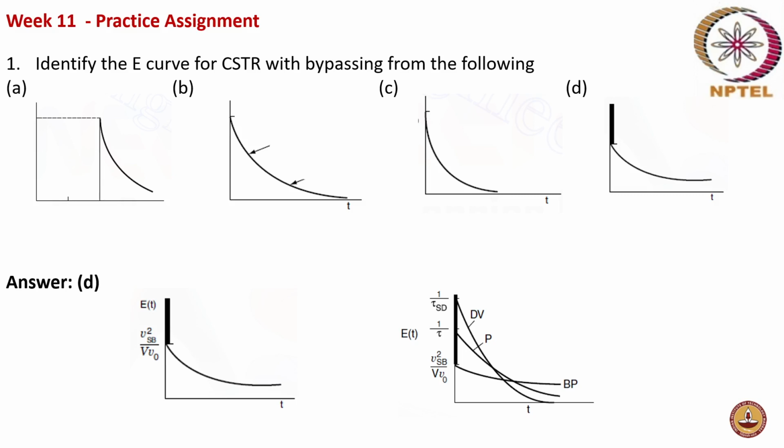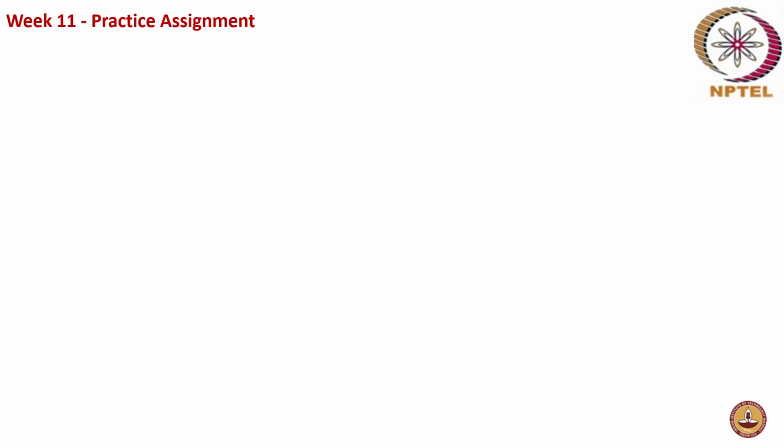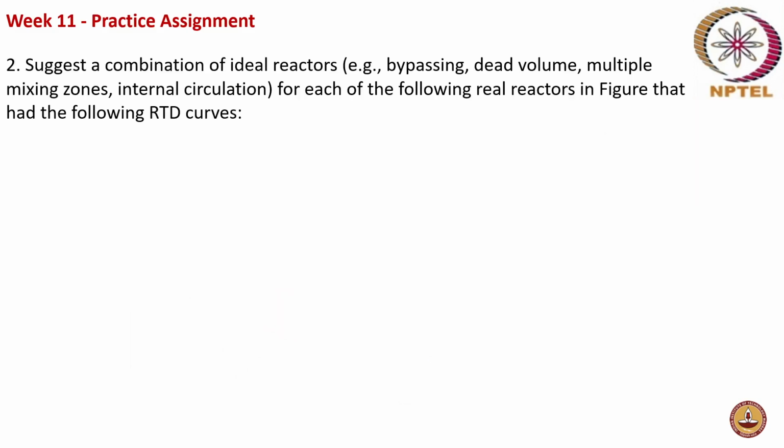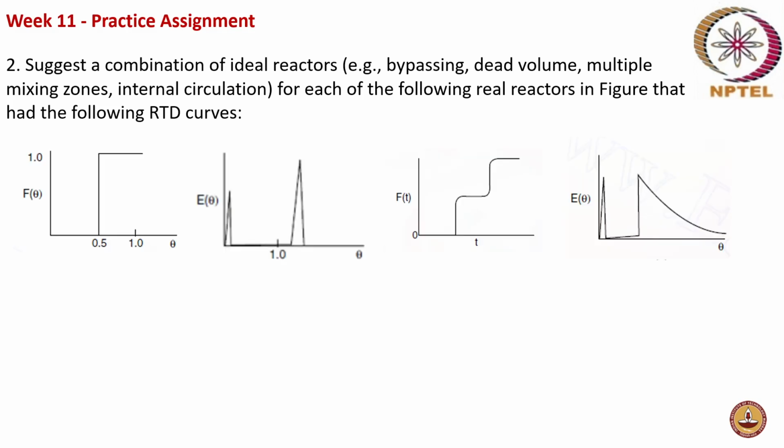Now let's proceed with question number 2. Suggest a combination of ideal reactors, such as one with bypassing, dead volume, multiple mixing zones, or intercirculation, for each of the following real reactors in the figure that had the following RTD curves. We have been given 4 different RTD curves: an F theta curve, an E theta curve, an F of t curve, and an E theta curve again.